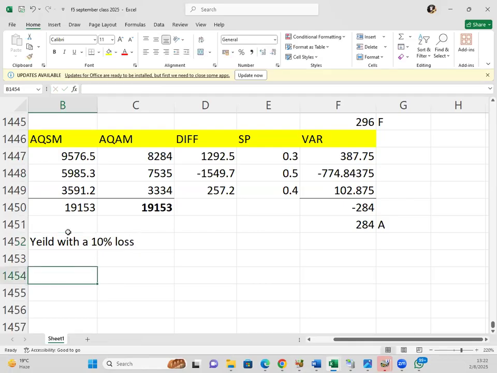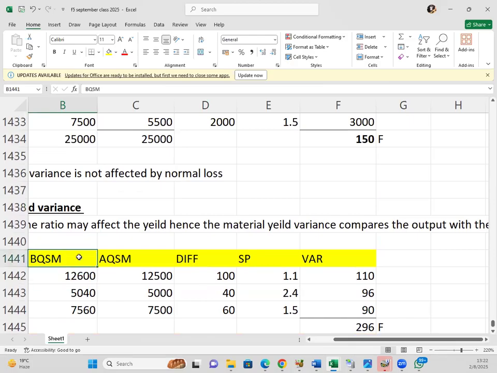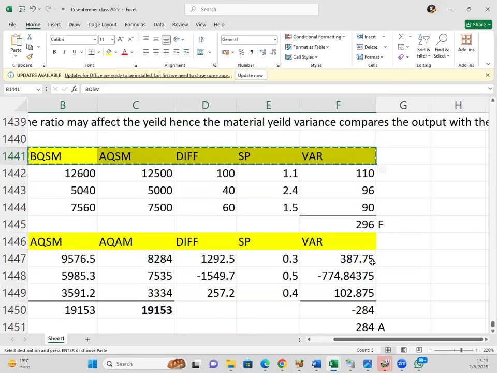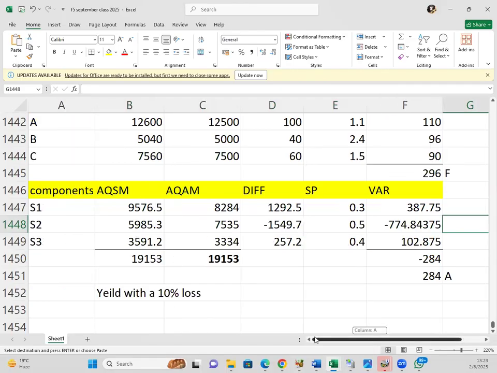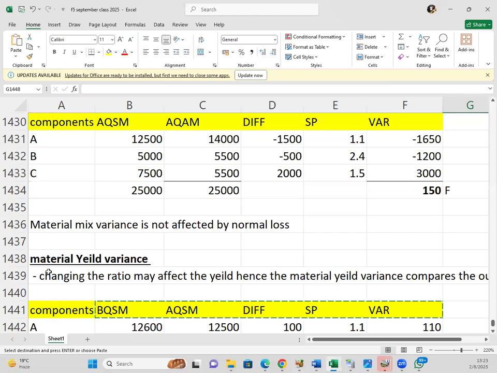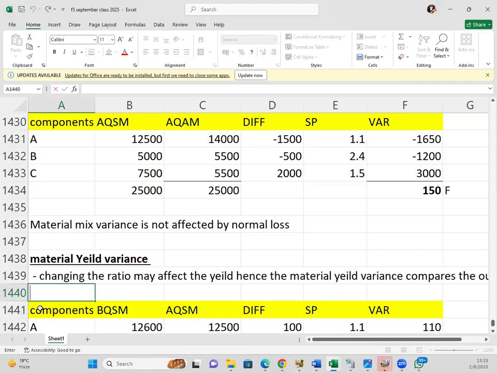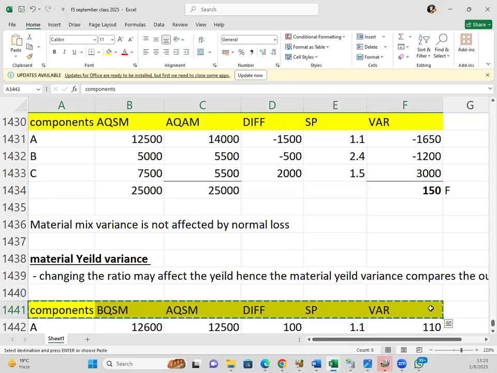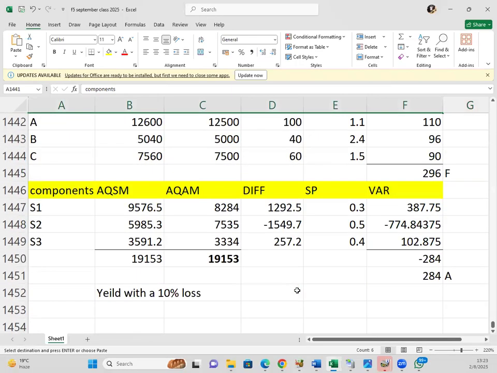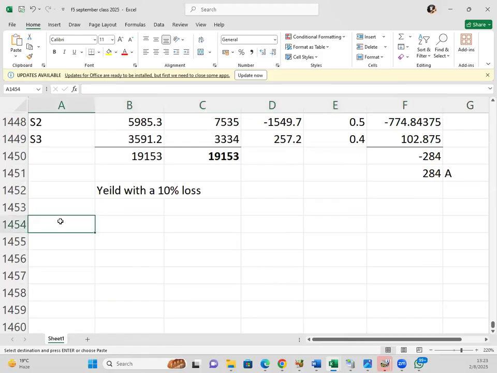So if we are dealing with the yield, we said the yield uses this pro forma.